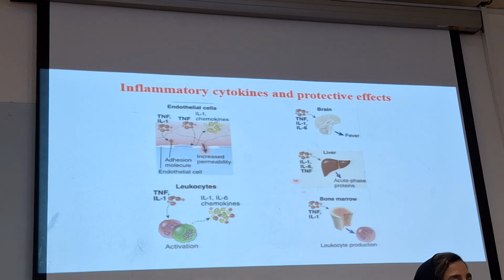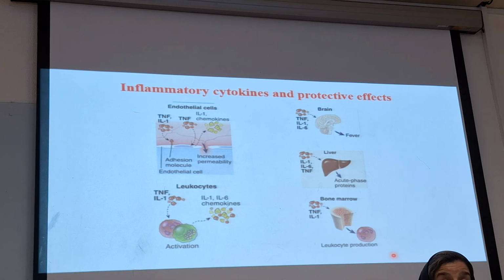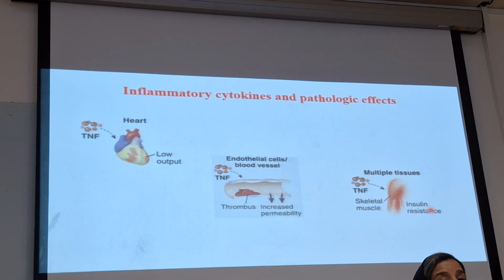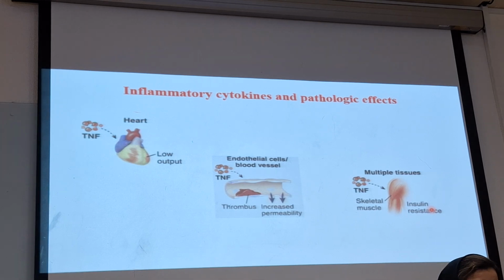These are the local and systemic effects of inflammatory cytokines, but sometimes inflammatory cytokines have pathologic effects. I told you in the first session about cytokines, some inflammatory cytokines are associated with some autoimmune diseases, inflammatory diseases, and some cancers.